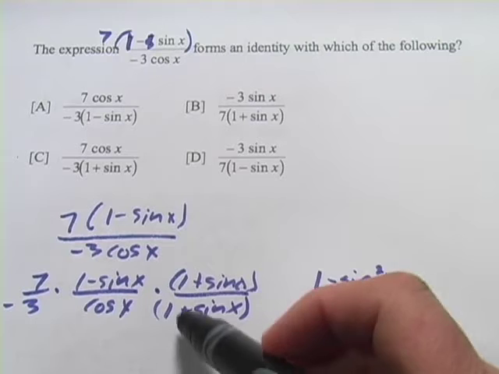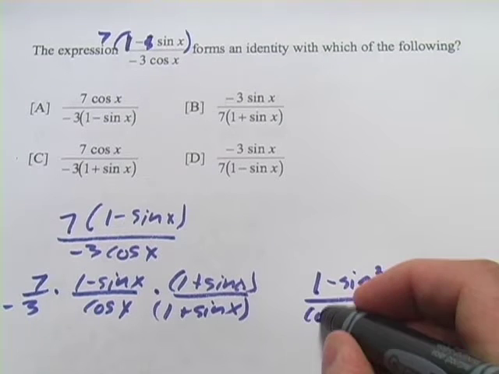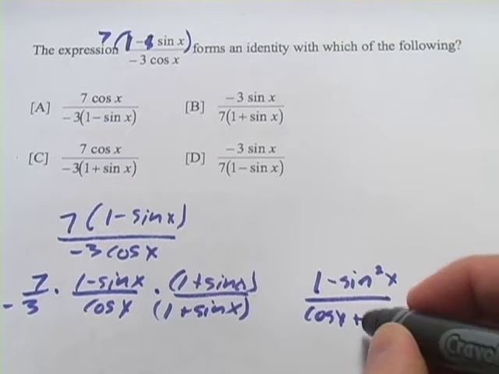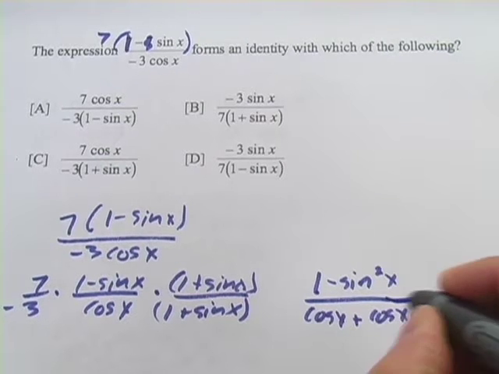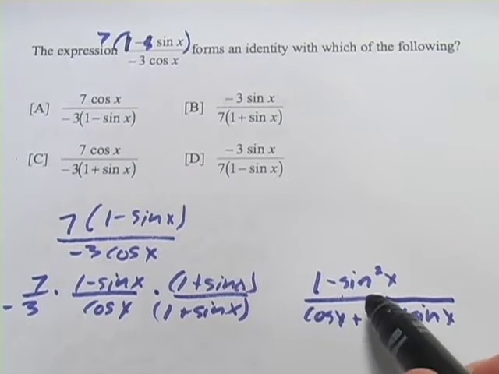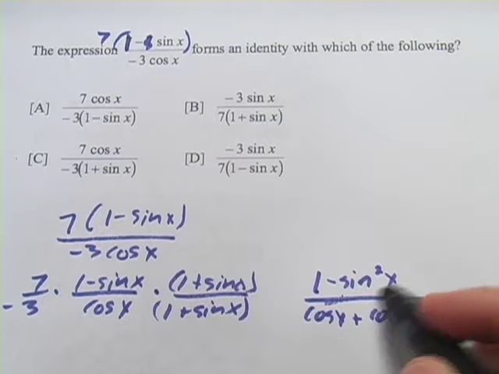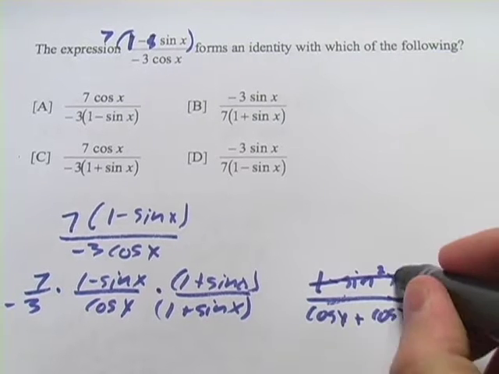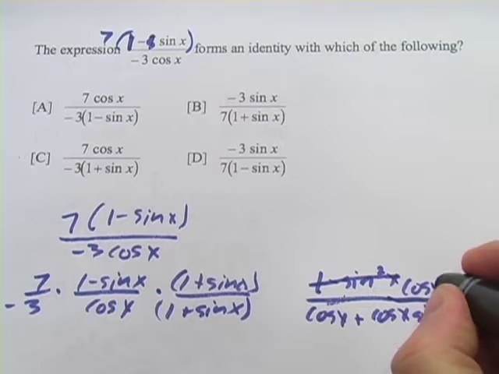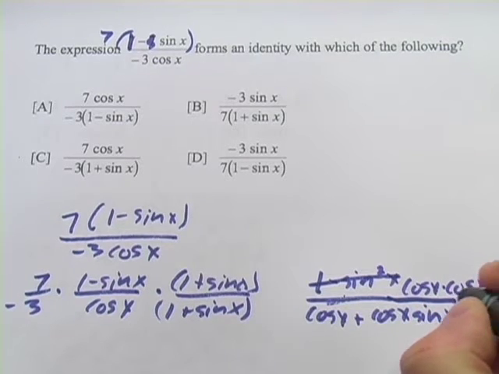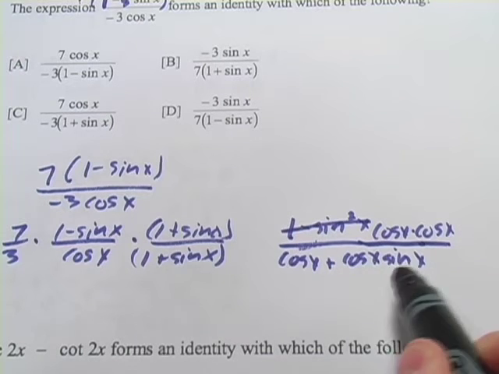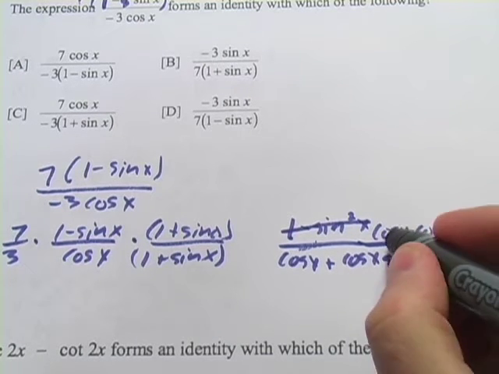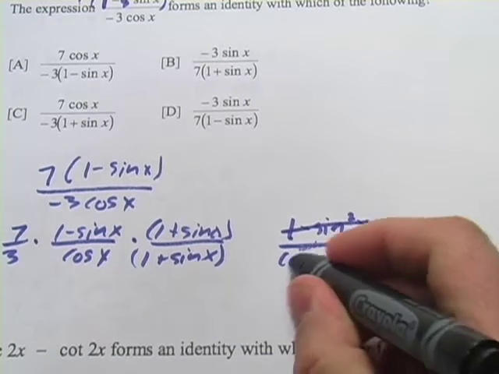On the bottom, I multiply this cosine through, and I get cosine x plus cosine x sine x. Now on the top, I know this equals cosine squared of x, and that is the same as cosine x times cosine x. And now I think I can do some canceling here. I've got a cosine that I could factor out, so we'll take 1 cosine from the top and 1 from the bottom.